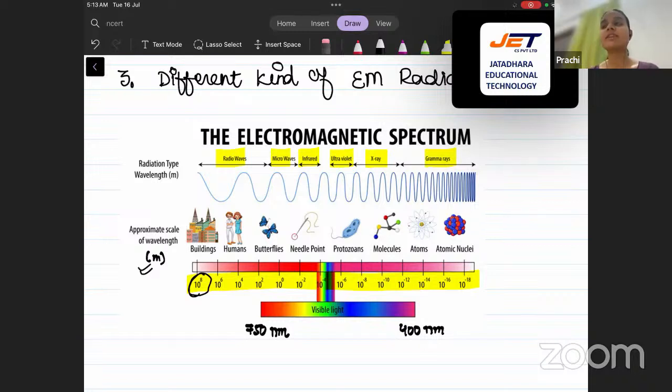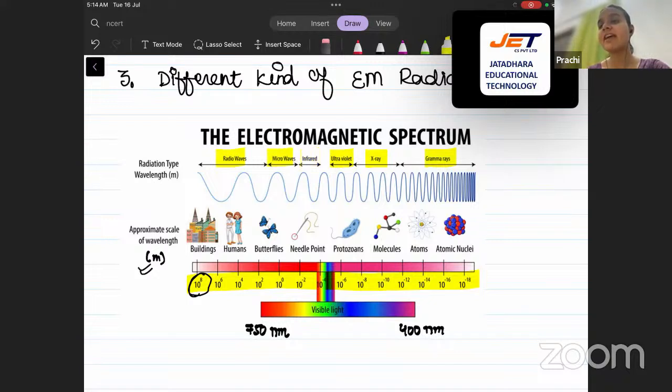So from here what we can say is that radio waves have a very large wavelength, and that's the reason these waves are used for communication, and these are the waves which help us communicate through our mobile phones, right? Then we have the microwaves, which are usually used in microwave ovens for cooking.